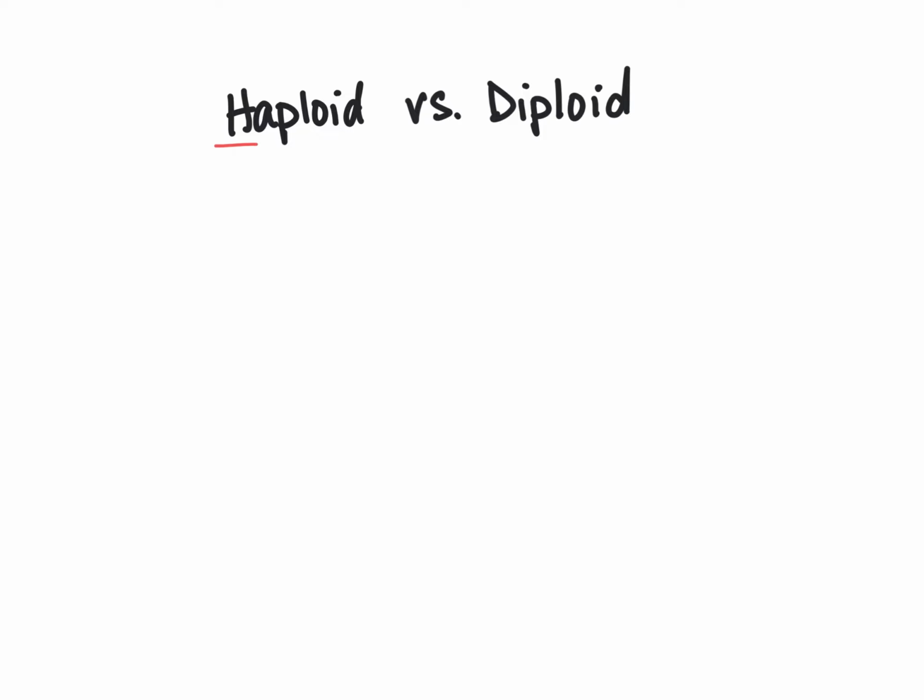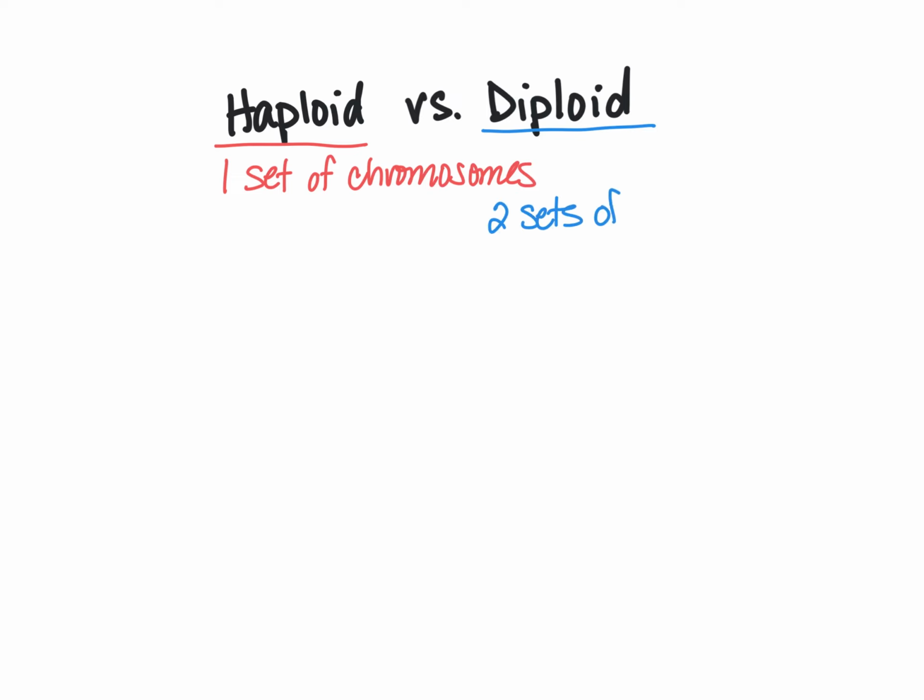Haploid means an organism has one set of chromosomes. Whereas diploid, di means two, diploid means that an organism has two sets of chromosomes. We call these paired chromosomes.